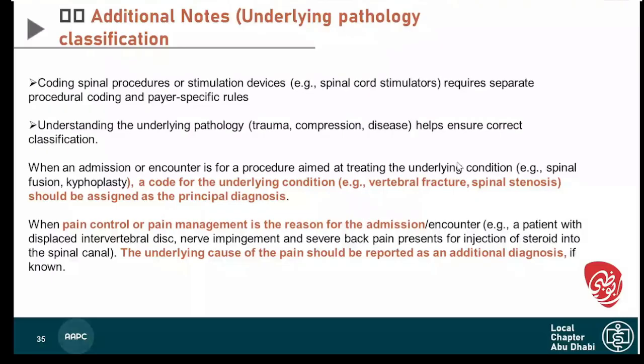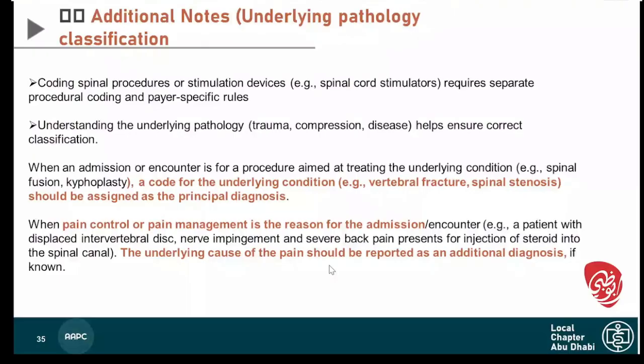Likewise, when a patient is admitted for pain control or pain management, if the patient has an intervertebral disc displacement also, the underlying cause of the pain should be reported as an additional diagnosis if known.